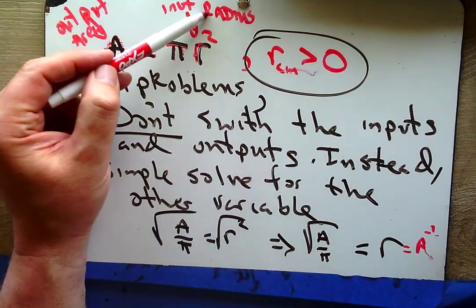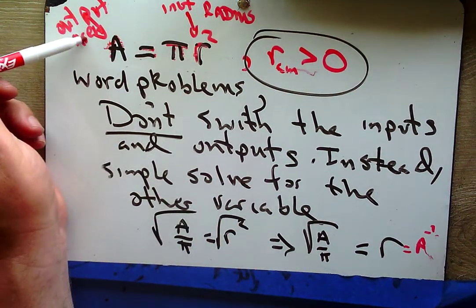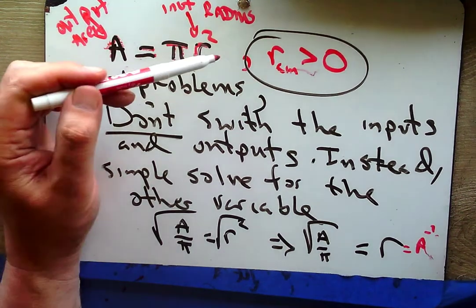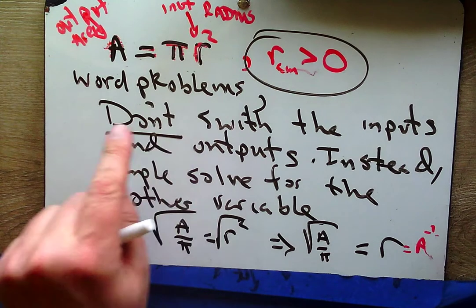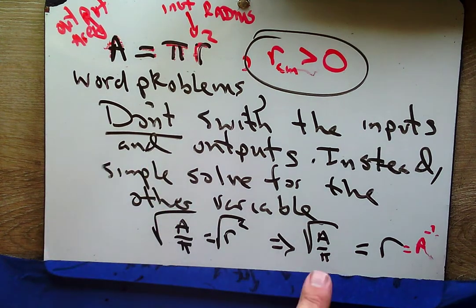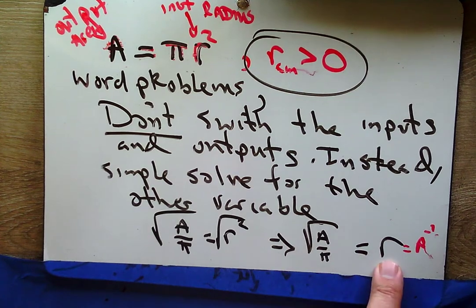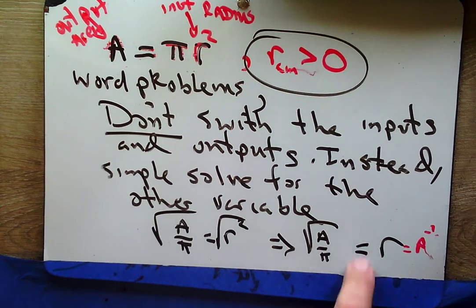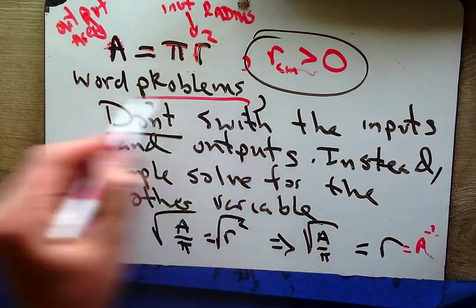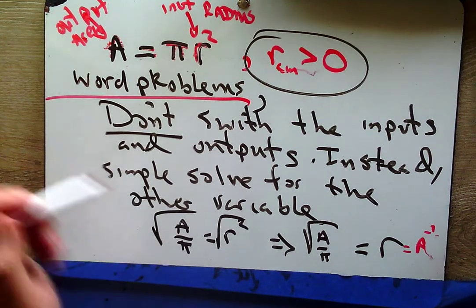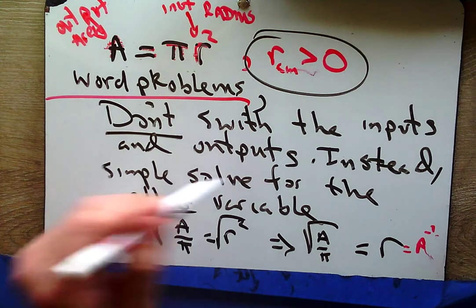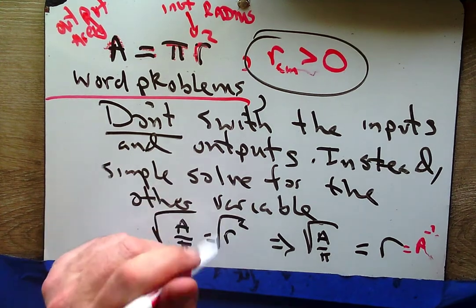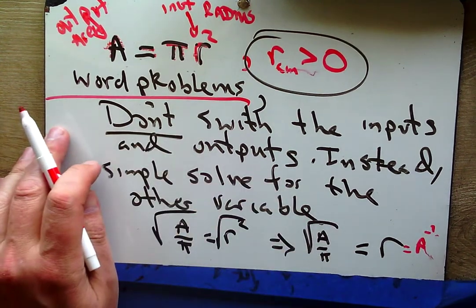We should go from plugging in a radius and getting out an area to plugging in an area and getting out a radius. And look, that's what this says. I plug in an area and I get out a radius. This is how we deal with word problems, okay? Don't switch the inputs and outputs. Simply solve for the other variable. That's all we're going to do here.